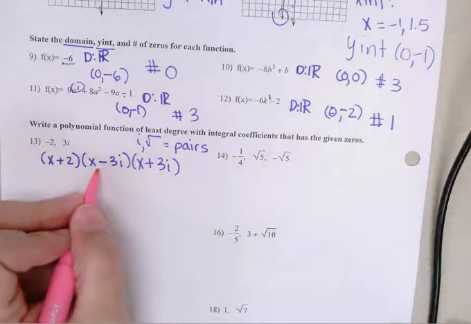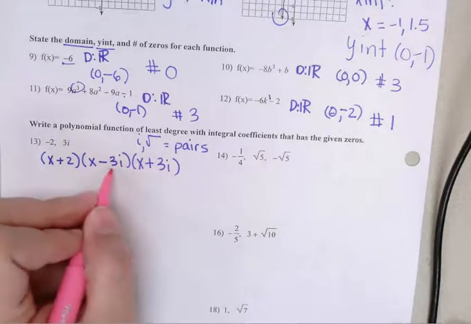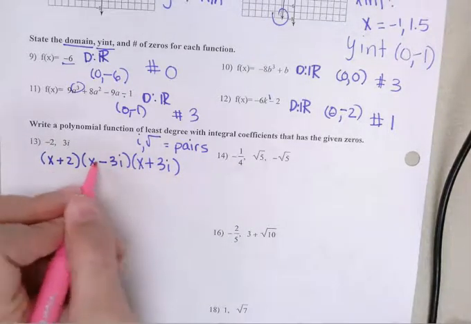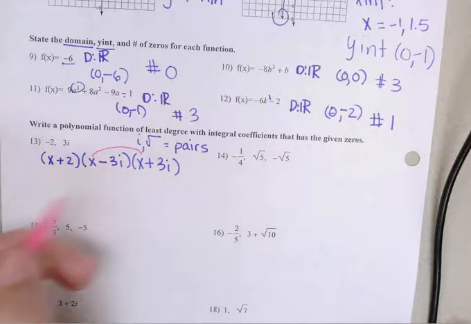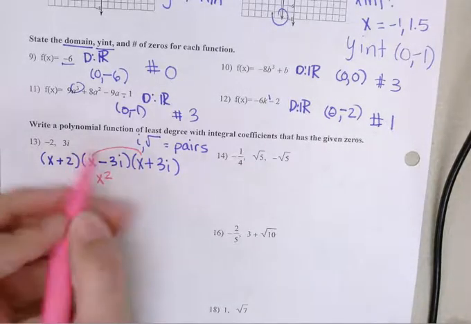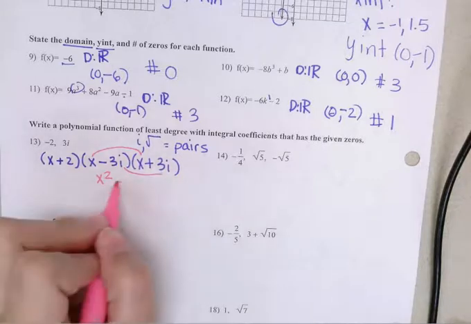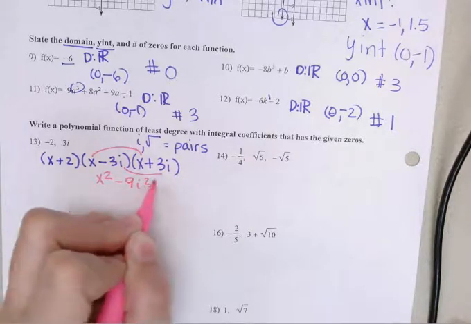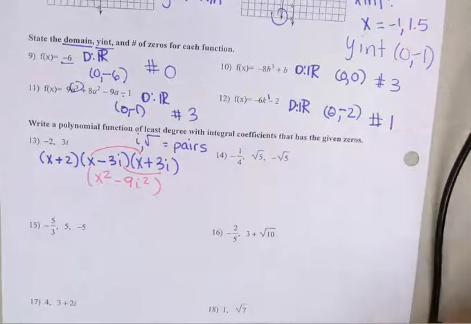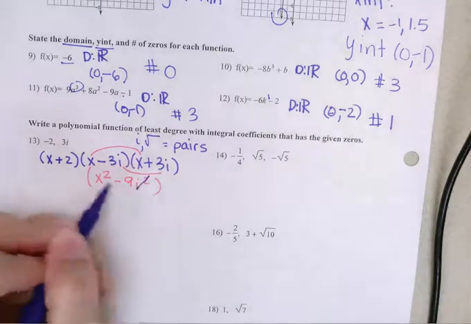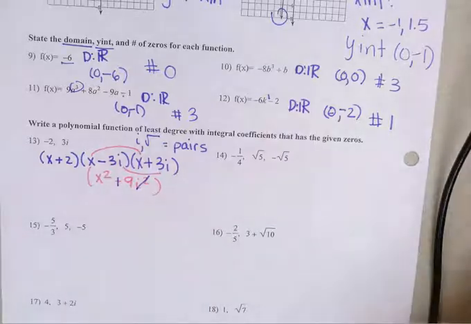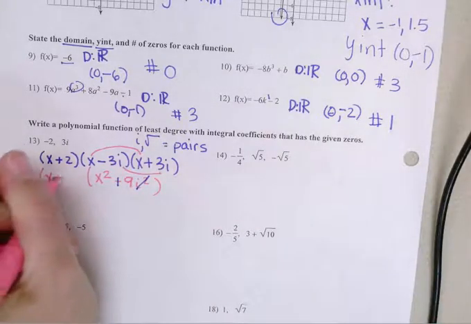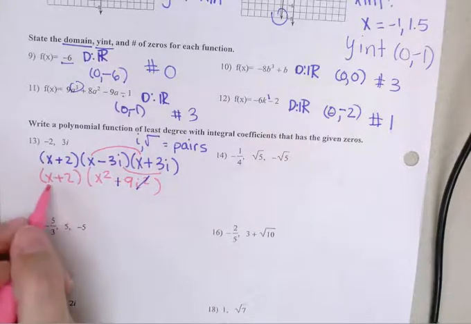And it's best to multiply your conjugates together. Remember, your conjugates are when they're the exact same except for the sign in the middle. With conjugates, you can do the shortcut: first times first and last times last. Should give you 9i squared. But remember, you can cross out your i squared and it changes the sign. Okay, so now I have to multiply this out.